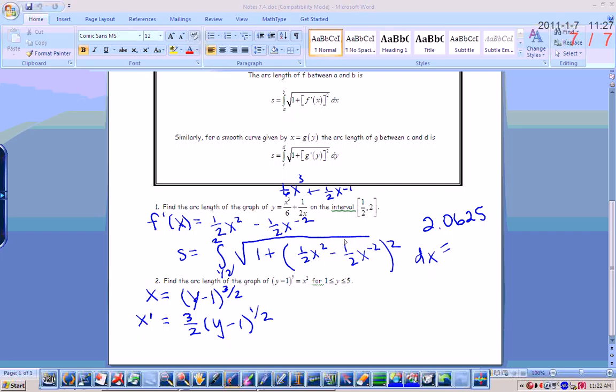So it's pretty much the same thing. All right, so your arc length is going to be the integral from 1 to 5 of the square root of 1 plus the quantity 3 halves y minus 1 to the 1/2 squared.